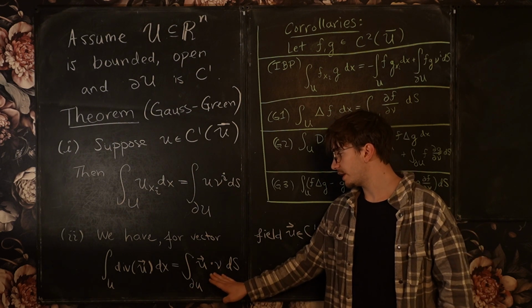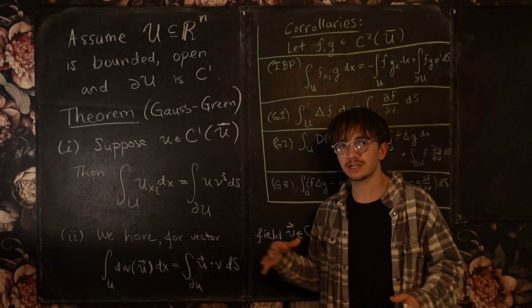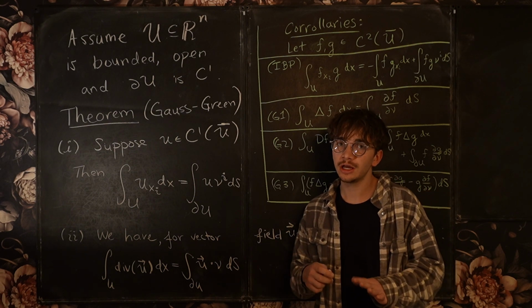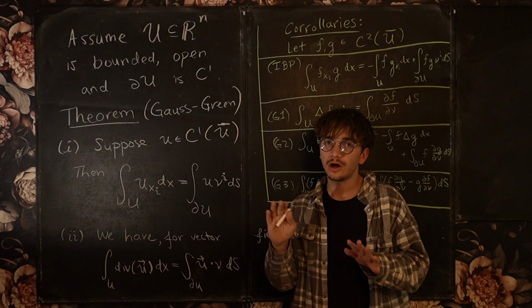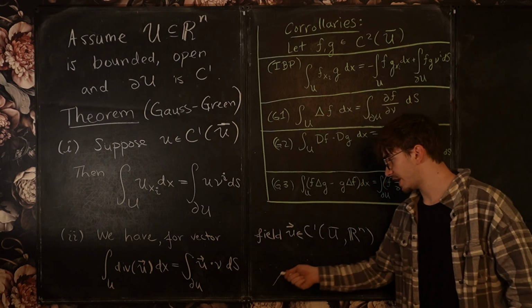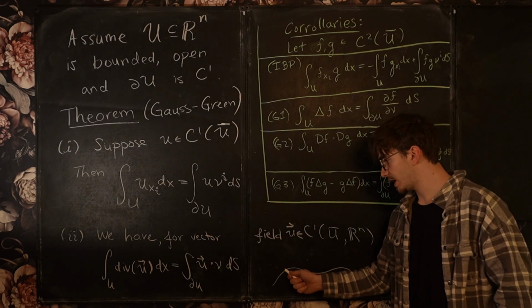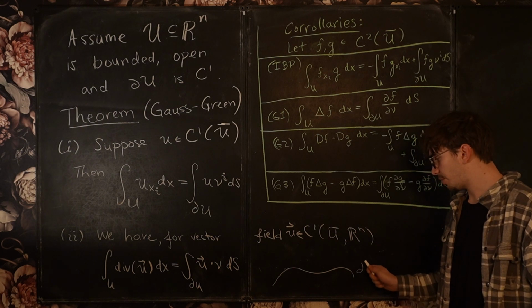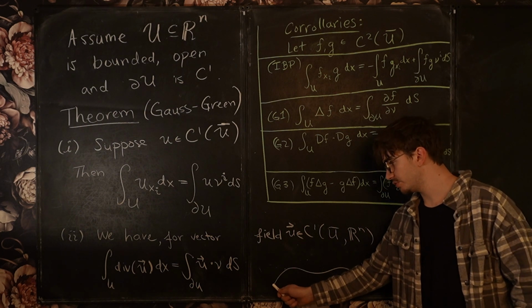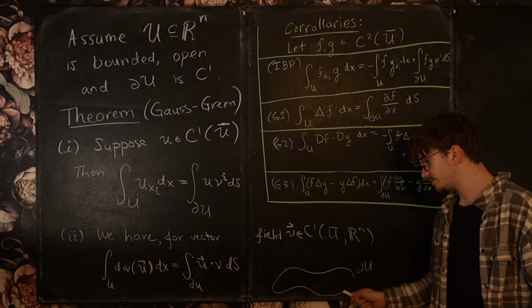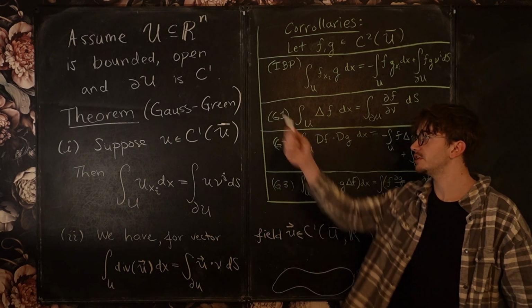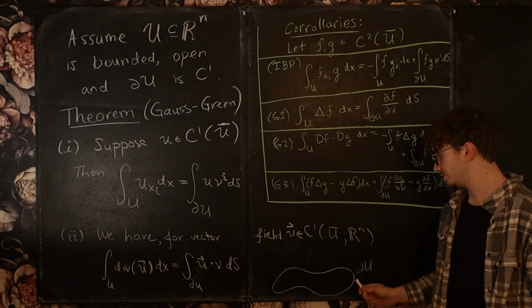And recall that the flux outside of the surface is the projection of the vector field onto the outward normal direction. So if I have a surface here, and let's say that this is a part of my surface, okay, so it has to be a closed surface by our definition of the boundary of U, okay?